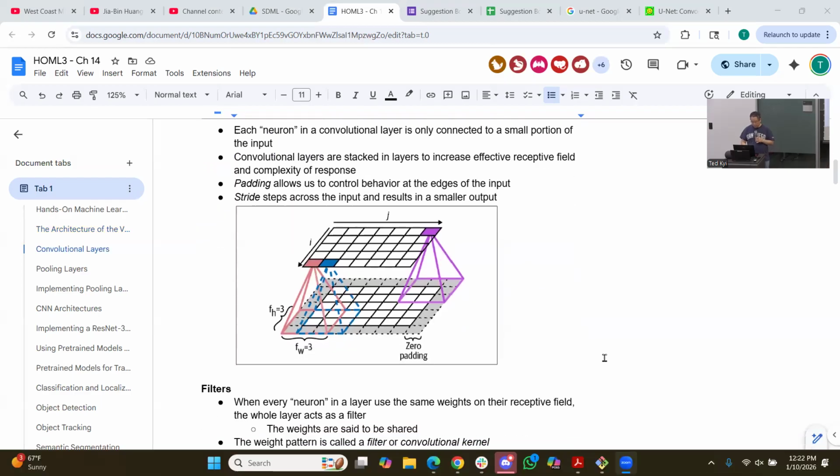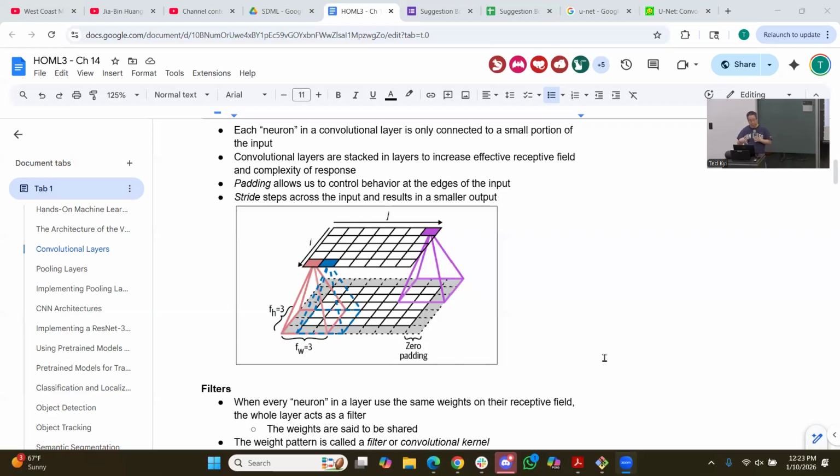I'll show the demo in just a second. But this idea of a very narrow receptive field, very common these days, is just a small 3x3. So we talked about padding. Stride comes up occasionally. Most often you will just see a stride of 1, which means you just move this 3x3 one at a time. The key concept here is that in our output, every neuron might be looking at 9 input pixels.